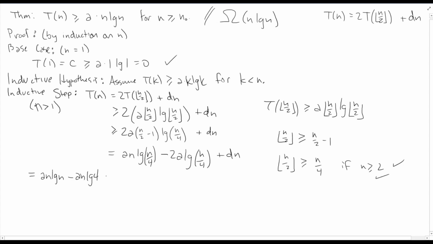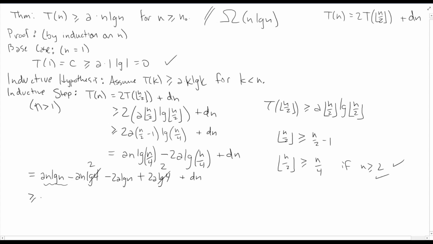The next one here is going to be minus 2a log n. Minus a minus is a plus 2a log 4. Again, just going to be a 2 in a second, plus dn. So let's just say this is a 2, this is a 2, and we actually have our term we want.